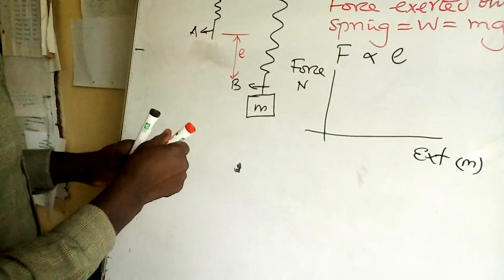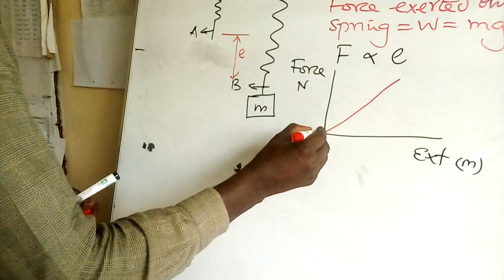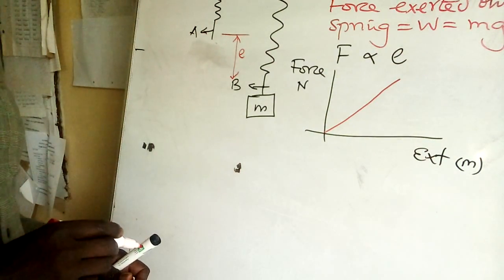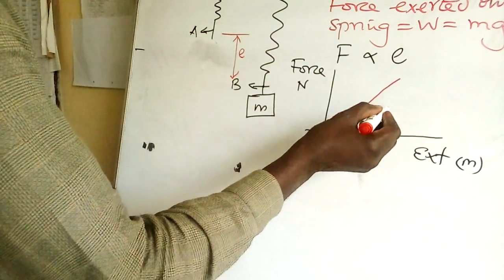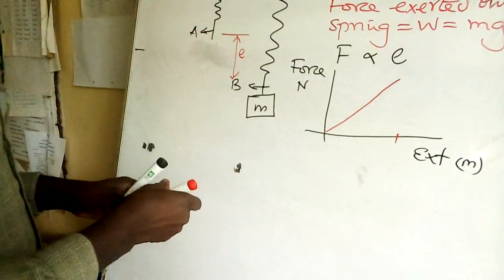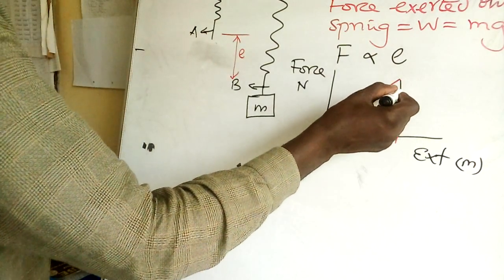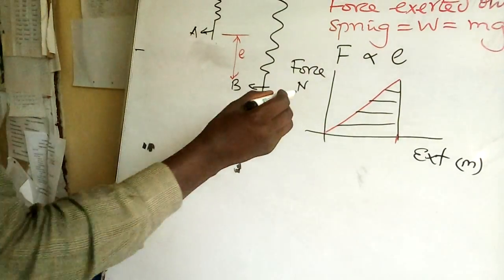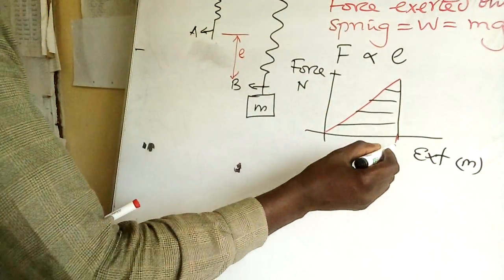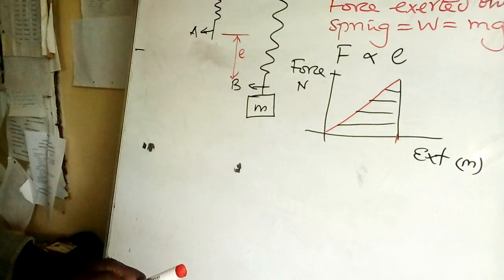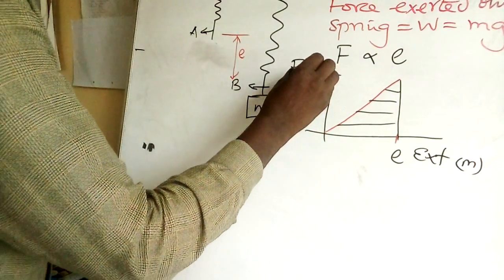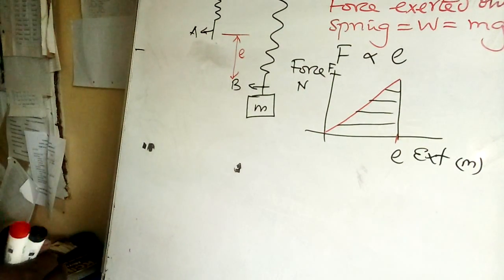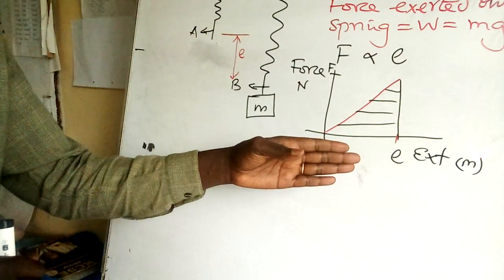You have a linear graph. Okay, this is F and this is extension E. So this is force plotted against extension.